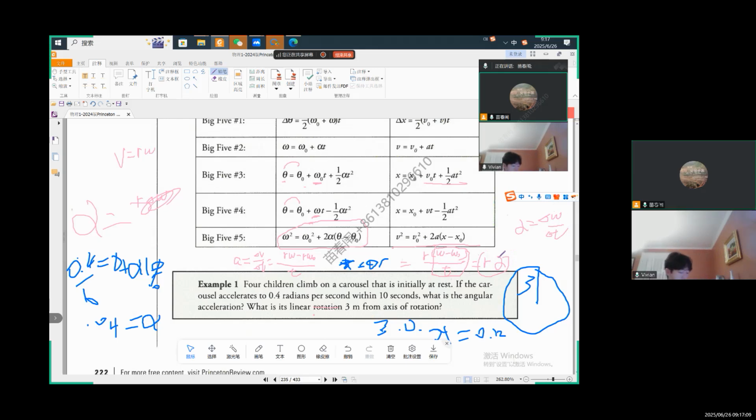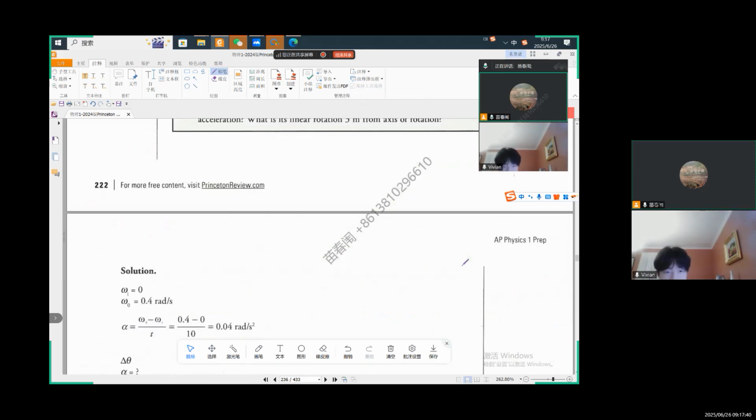So let's review what we can do in here. It's better to remember this. And also it's better to remember a equals R alpha. Now that's making sense, right? Okay, so that's example 1.